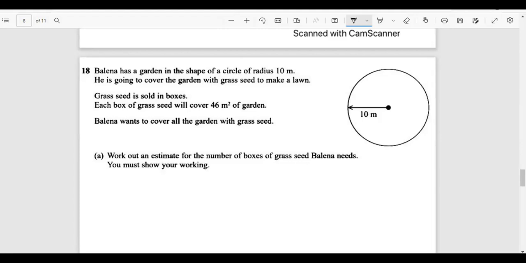Yes, so think about it. Oh, I see. Can you use your calculator? No, this paper is a non-calculator exam.